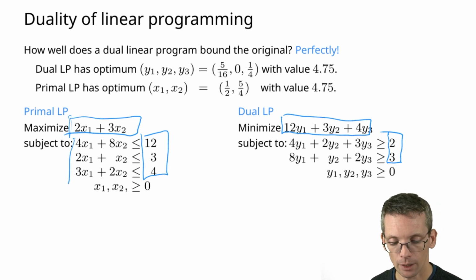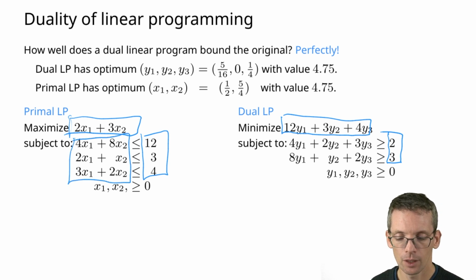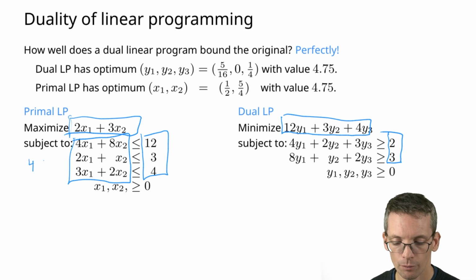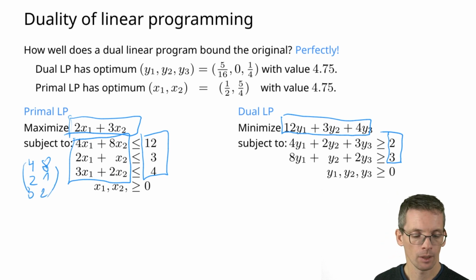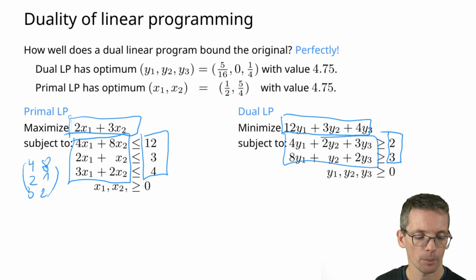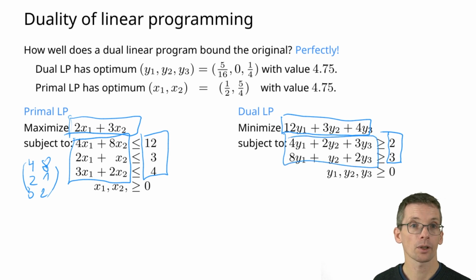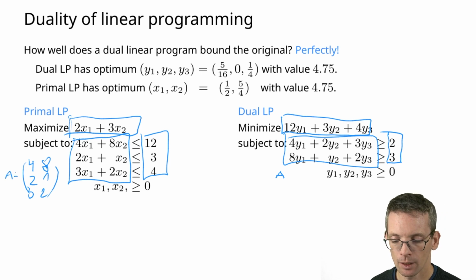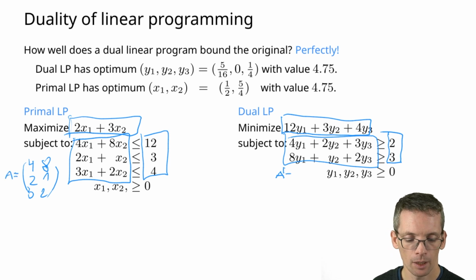And now finally, if you look at these coefficients here, and think of it as a matrix, so your matrix here is 4, 8, 2, 1, and 3, 2. Yeah, you see this matrix back here, but transposed. So here we have A, if we call this one A, this is A transposed.